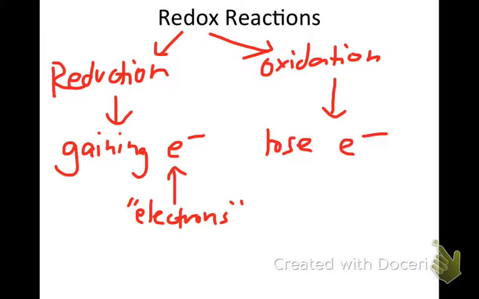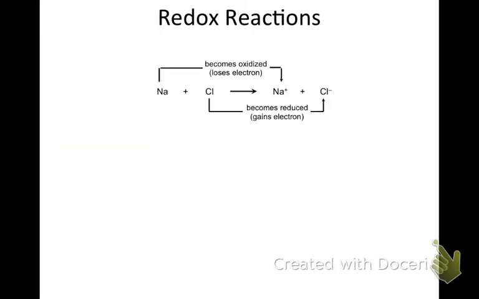So if something is being reduced, it's gaining electrons, and if something is being oxidized, it's losing electrons. And this is everywhere in chemical reactions. In fact, redox reactions, which is something that you probably covered in chemistry, is when you lose electrons on one hand. So sodium right here is actually losing electrons. Remember, electrons are negatively charged. So if you're losing an electron, which is negatively charged, you're actually going to become more positively charged.